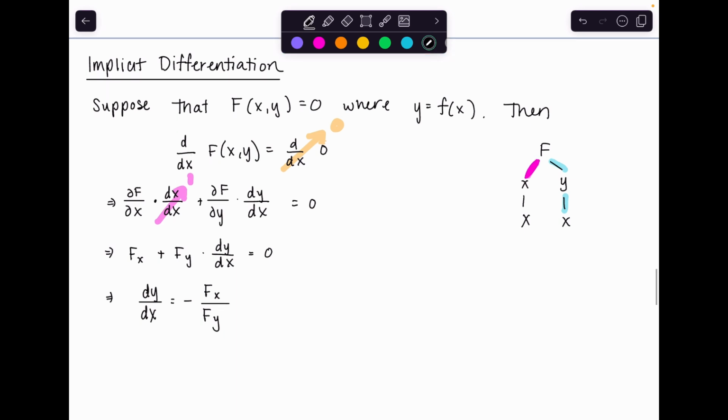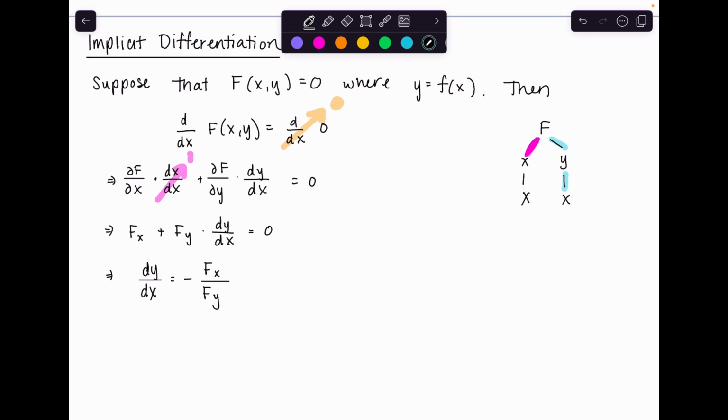So if I have now a multivariable function, I can do exactly the same thing, really. So let's see the other case, and then we'll try an example. So suppose that now we have triple variable, an expression involving x, y, and z equaling 0, where z is a function of x and y.